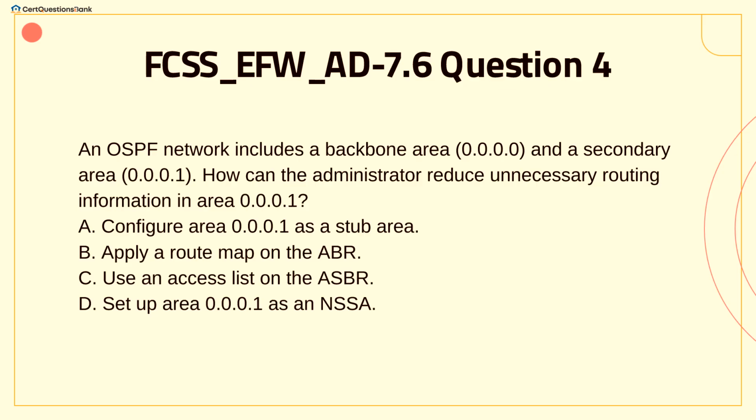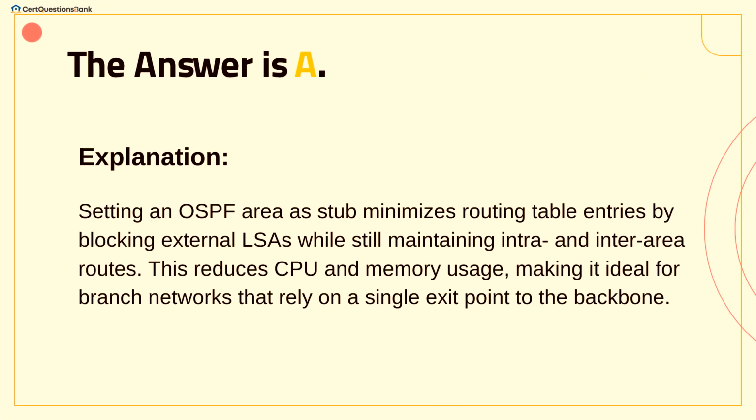A. Configure area 0.0.0.1 as a stub area. B. Apply a route map on the ABR. C. Use an access list on the ASBR. D. Set up area 0.0.0.1 as an NSSA. The answer is A.